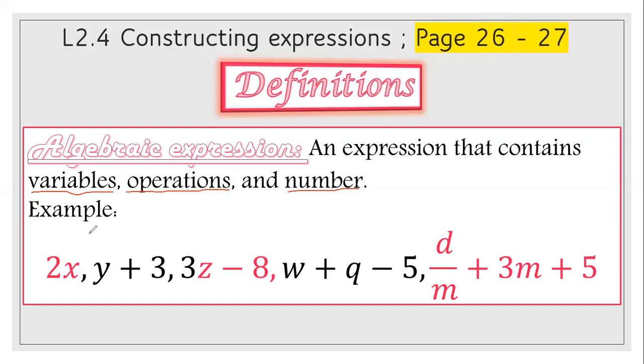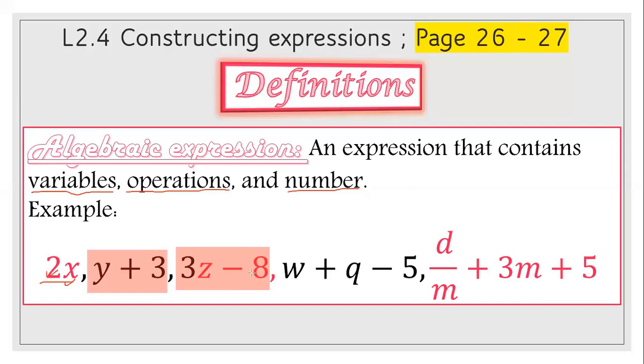Now, for example, I can say 2x is an expression. Why? It has a number and a variable, a letter. y plus 3 is also an expression. Why is it an expression? A variable, a letter, an operation, a plus, and the number 3. You can look here, 3z minus 8, also an expression.